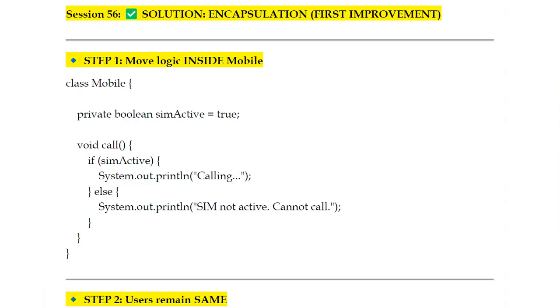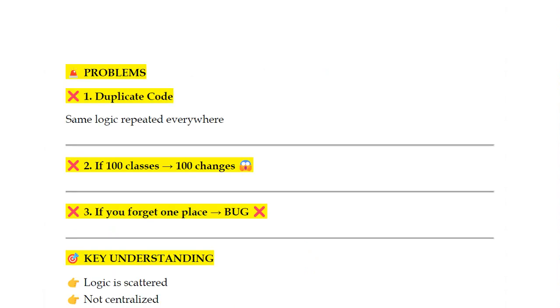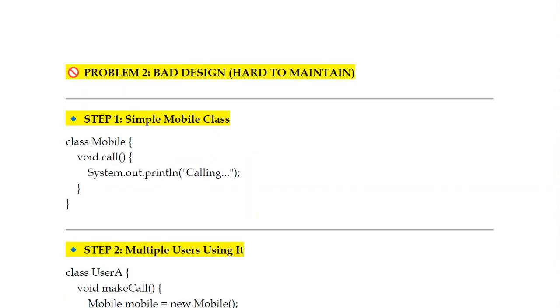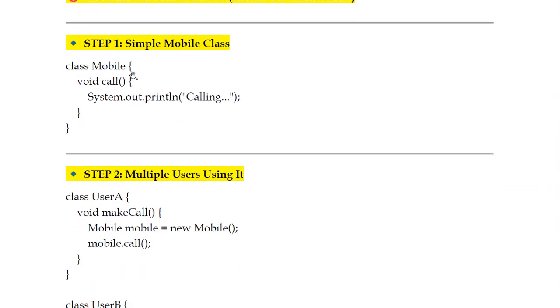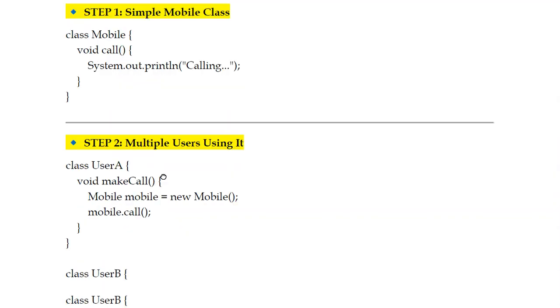In our previous session, we faced issues like duplicate code. If the number of classes increases, we have to change all the classes, and if you forget one place, it's a major bug. It was a bad design, as we mentioned. A single mobile class method is called from multiple users.